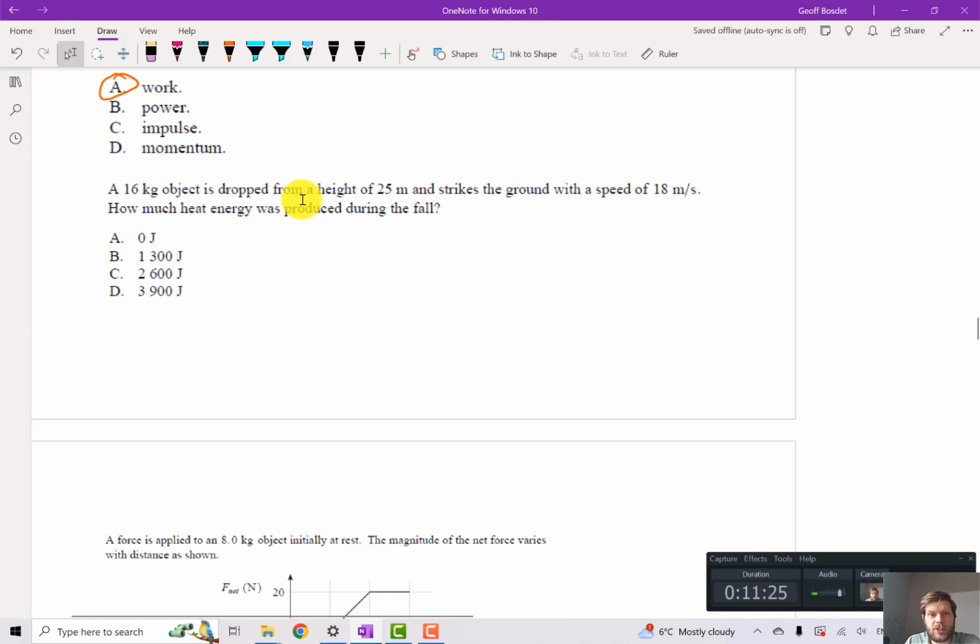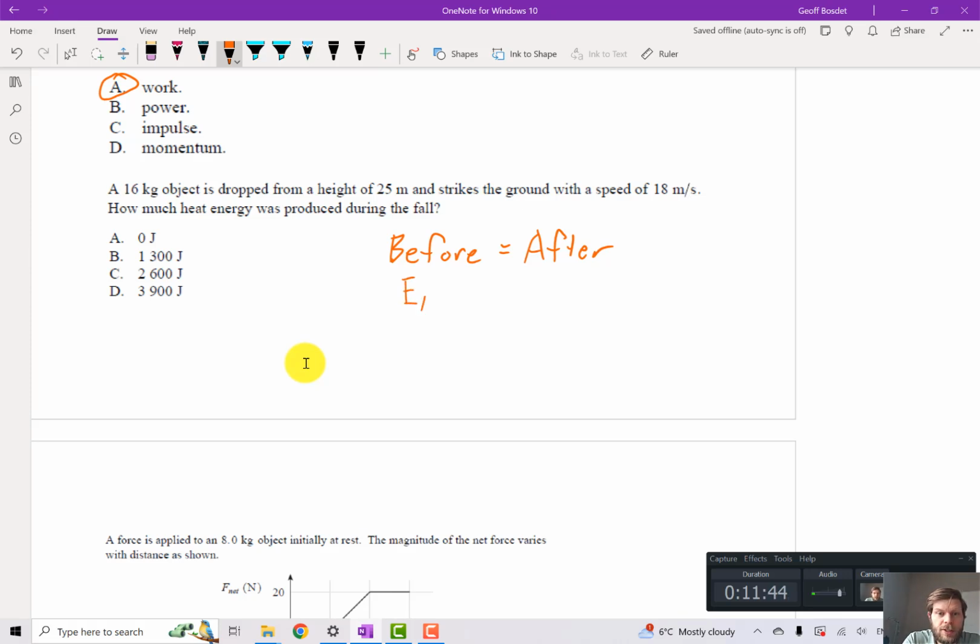A 16 kilogram object is dropped from a height of 25 meters and strikes the ground with a speed of 18 meters per second. How much heat energy was produced during the fall? Again, we got a before equals after. Before, we've got a bunch of potential energy, and it's becoming kinetic energy at the end right before it hits the ground, plus a bunch of thermal.